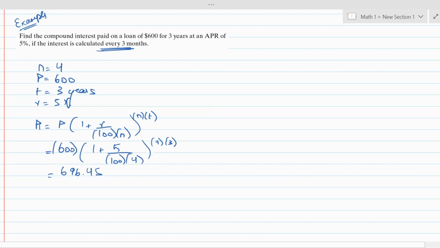And this question was about finding the compound interest. So compound interest would be the total amount minus the principal. Total amount was 696.45 minus 600. We'll get this as $96.45.